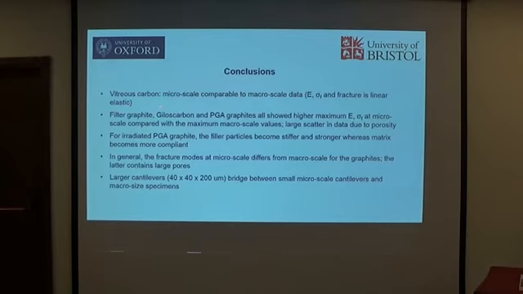Then using this technique, we're able to look at further details on nuclear graphite, and tell people more about what neutron irradiation does to the mechanical properties of the particles and the matrix. A larger cantilever is very necessary because it bridges the gap and fits in the multi-scale concept.